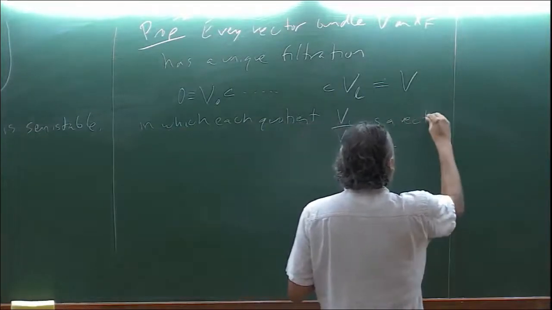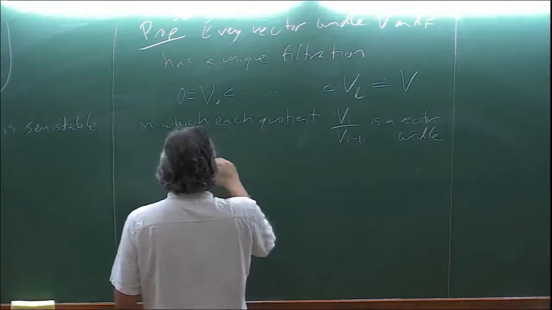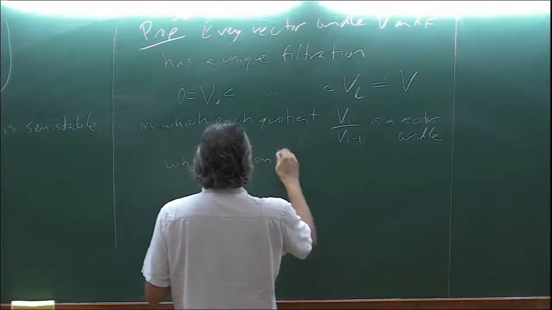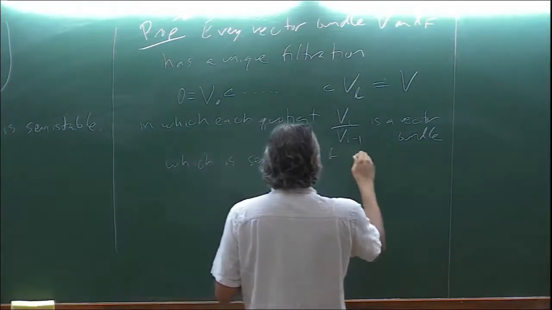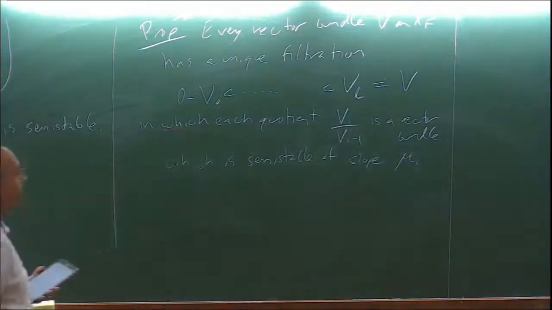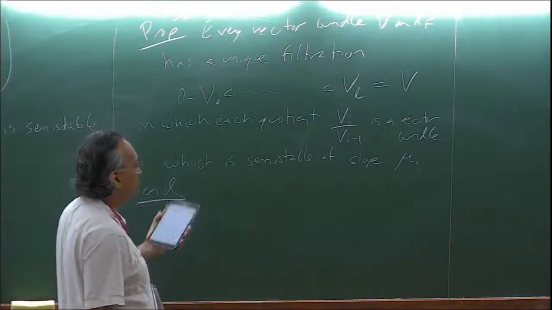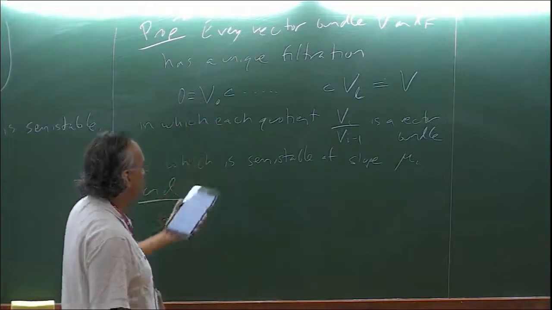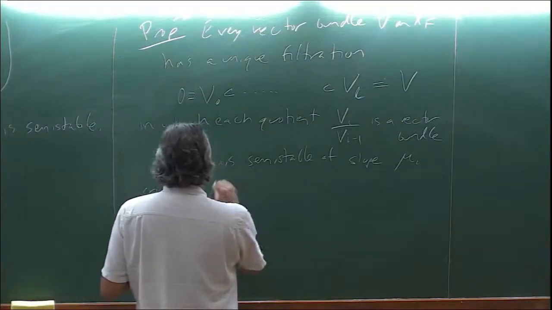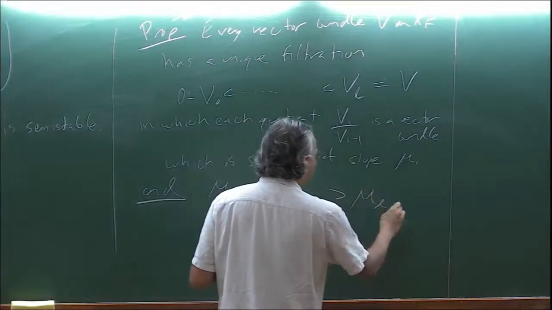So this quotient is a vector bundle, and second of all, it's semi-stable, with some slope, which I'll call mu i. There are many filtrations like this, but there's only one that has the property that the slopes go in decreasing order.